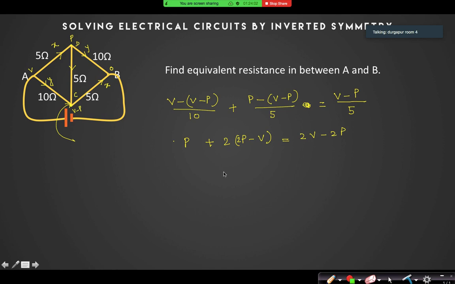So can I find the value of P here? P plus 4P plus 2P, that is P plus 4P is 5P, plus 2P is 7P, equal to 2V plus 2V, which is 4V. Can I find P is equal to 4V by 7?